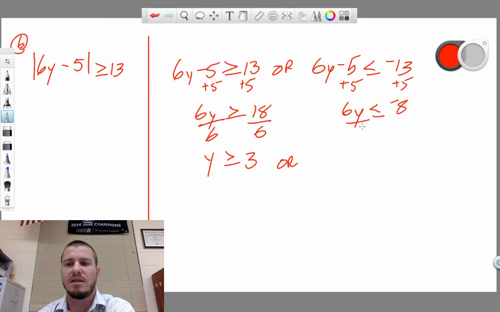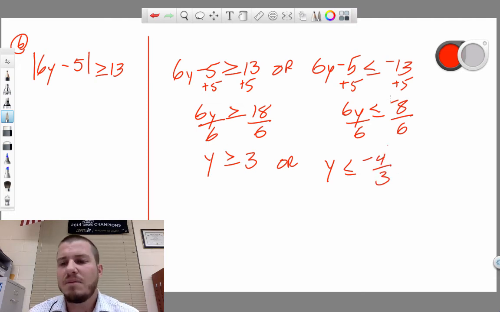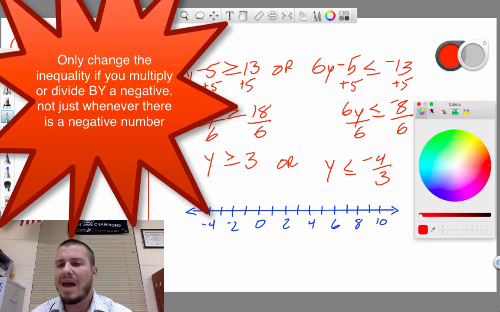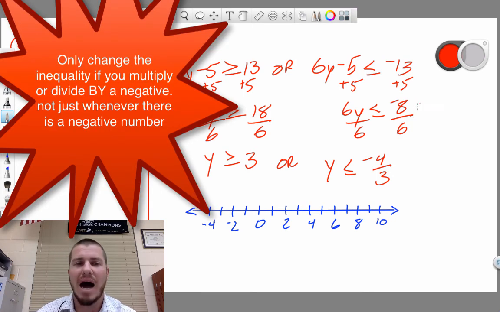Divide by 6, and that reduces to negative 4/3. Understand that just because this is a negative, I don't change the inequality. It depends on what you divided by. I divided by a positive 6, so I don't change the inequality.